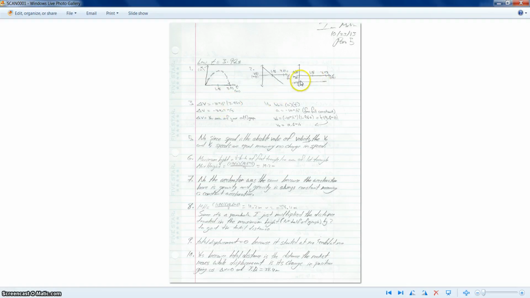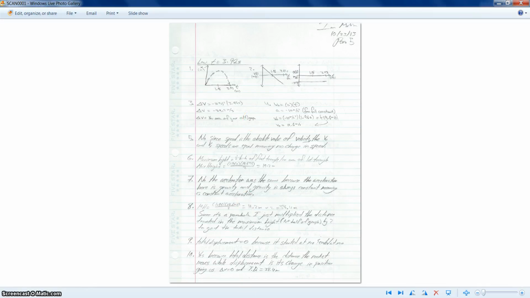Basically just finding the area of our acceleration graph, the area between our line and the zero horizontal line here, is the change in velocity. So our change in velocity for this came out to be negative 3.92 meters per second. And my explanation here is change in velocity equals the area of your acceleration time graph.